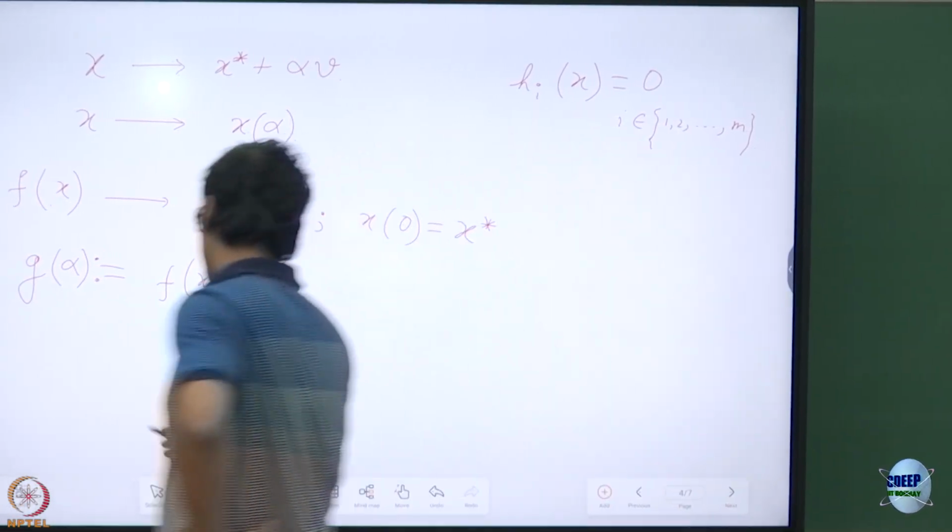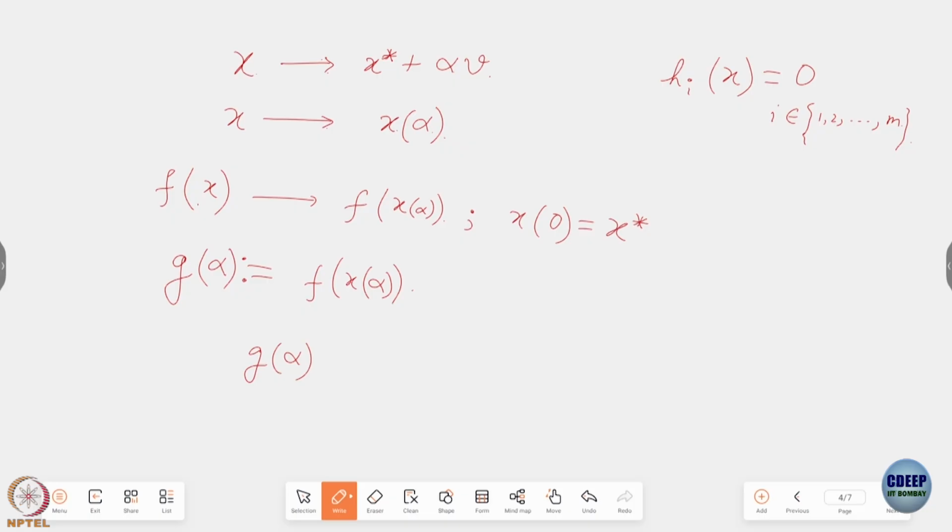You write G of alpha in a Taylor series expansion as G of 0 plus alpha G prime 0 plus higher order terms. Nothing changes. This remains still the same. So the condition for minimality in terms of G should also remain the same, right? So we would also require once again that this must be equal to 0, exactly.